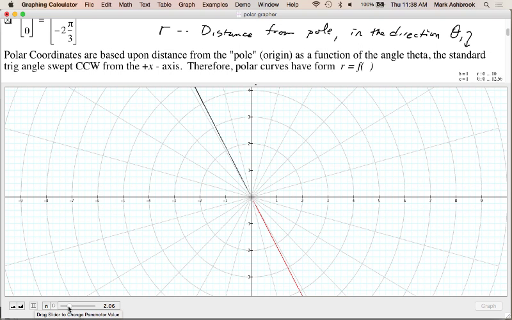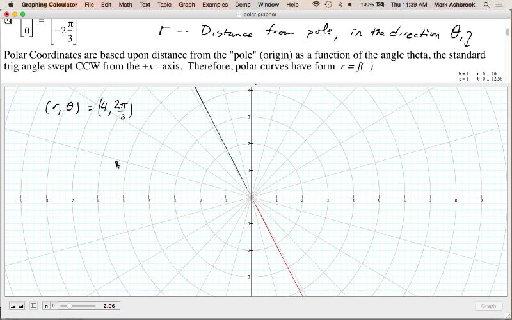The direction of positive r is along the ray that's at the angle 2 pi over 3. So for instance, the point (r, theta), let's say (4, 2 pi over 3).